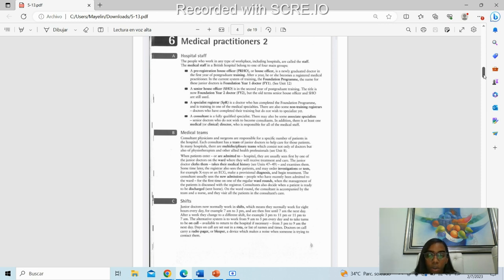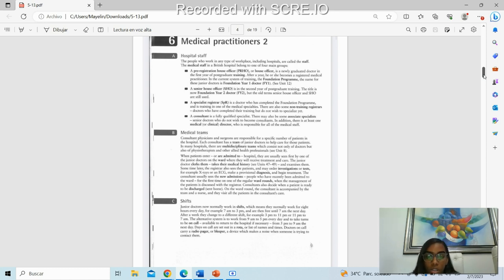On the ward round, the consultant is accompanied by the team and a nurse, and they visit all the patients in the consultant's care.